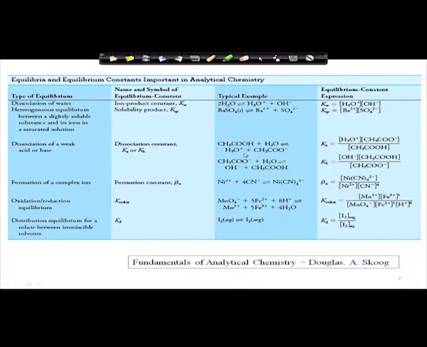In case of that Ka reaction, Ka is equal to, in place of H plus, we will be writing the corresponding hydronium ion, because in presence of water the proton forming from this acetic acid is forming H3O plus. So, these two concentrations divided by the acetic acid concentration will give you the corresponding Ka value. Similarly, for Kb, this is your conjugate base.